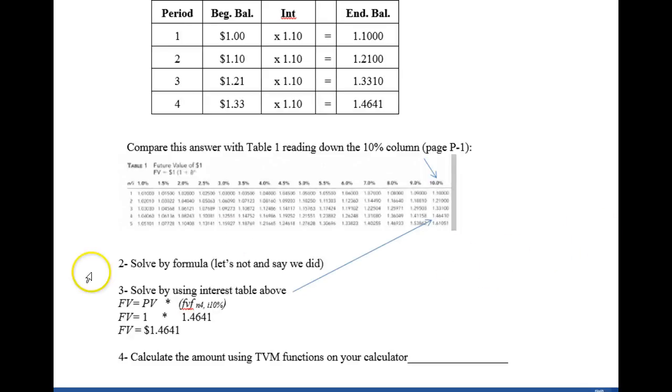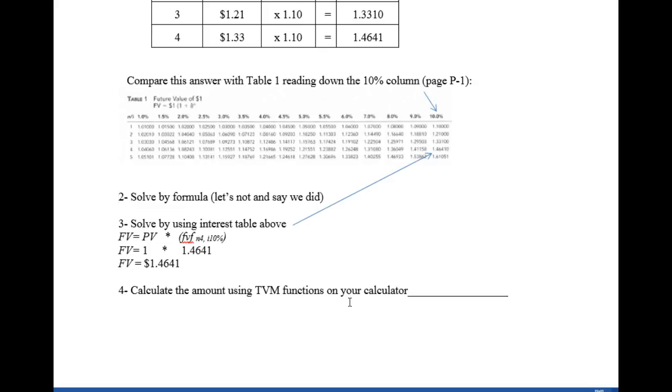Another way to solve this would be by using the formula, and we said we're not going to do that. We're going to just say we did. The third way you could solve it, which is one we're going to use all the time, is to take the present value, your $1, and multiply it by the interest factor from Table 1, where n equals 4 and i equals 10%.